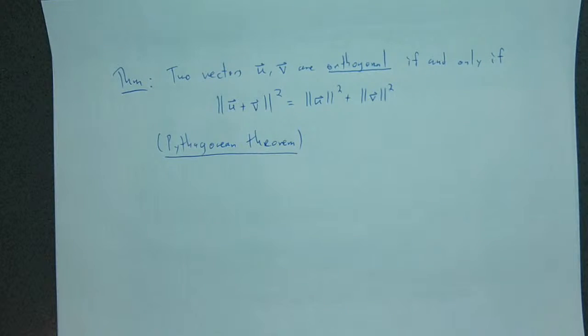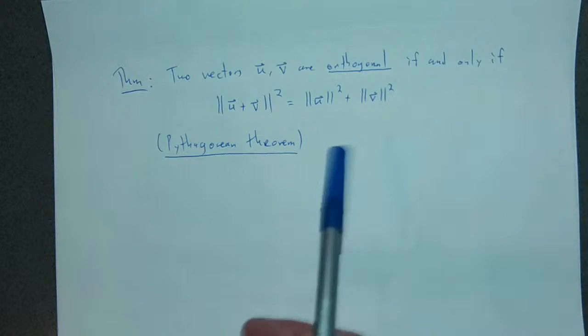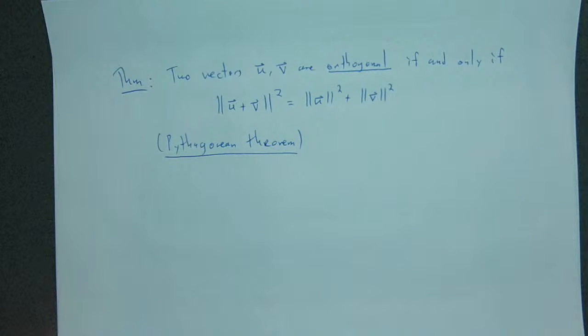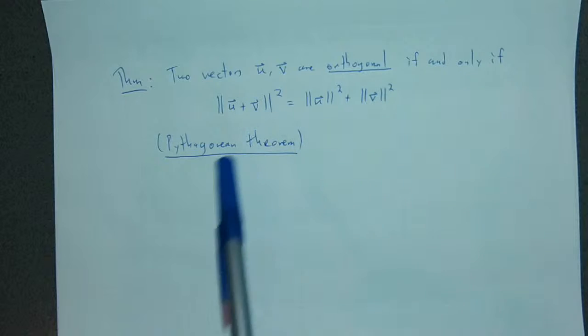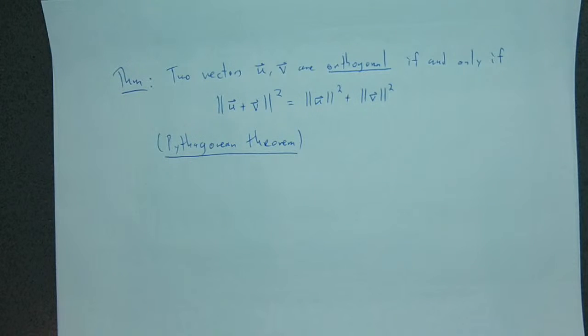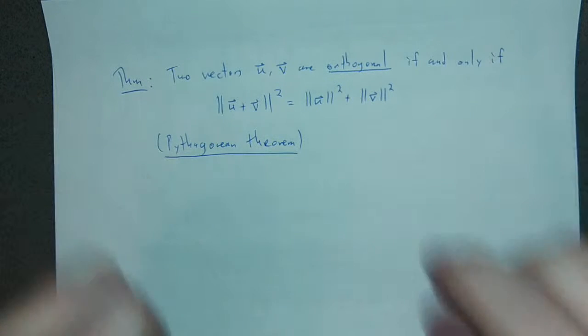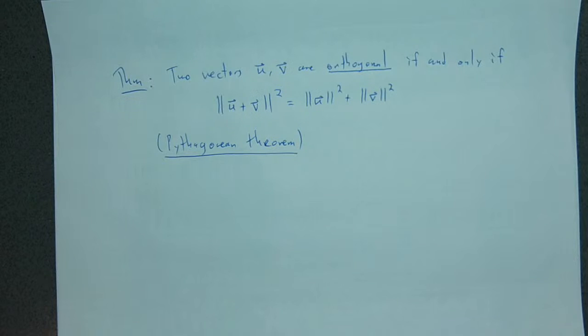If not, then the law of cosines is the best you can do, and you'd have some extra term here. But when u and v are orthogonal, you get this. In fact, we showed this in another form earlier in this class using the vector form of the law of cosines. Okay.